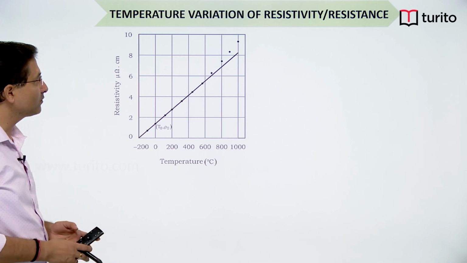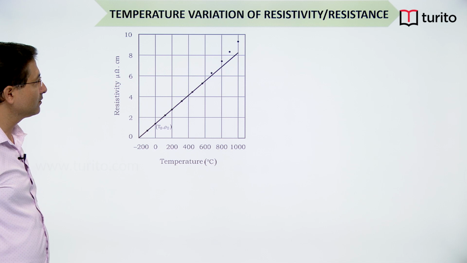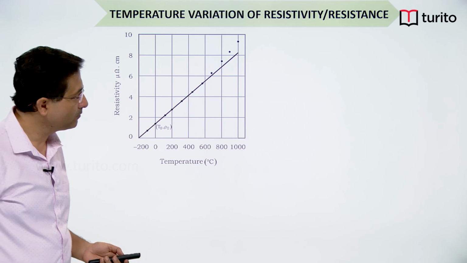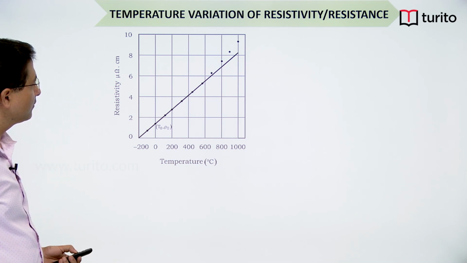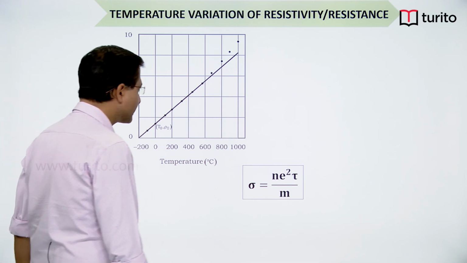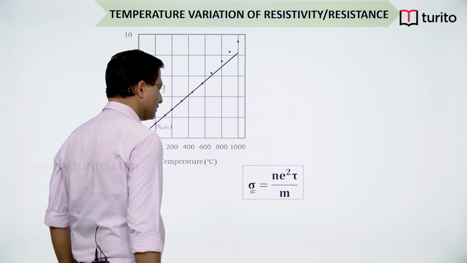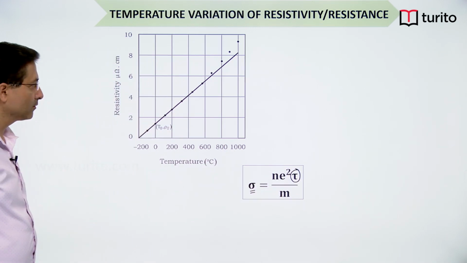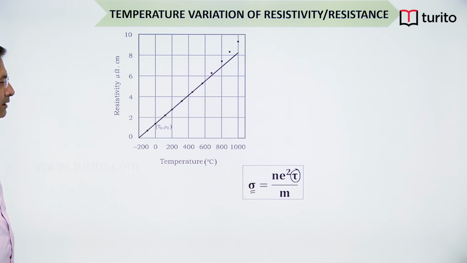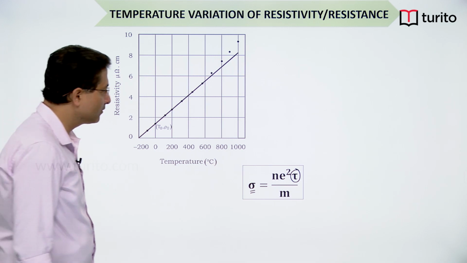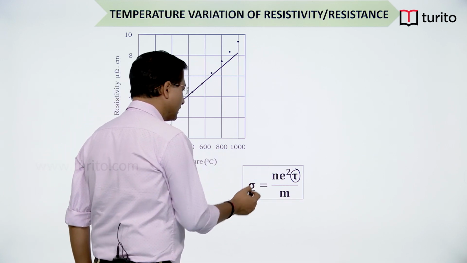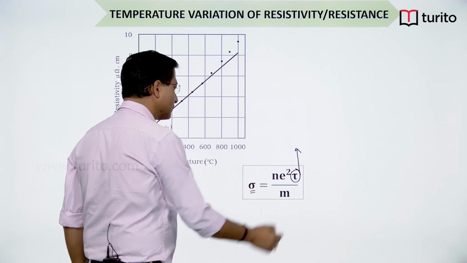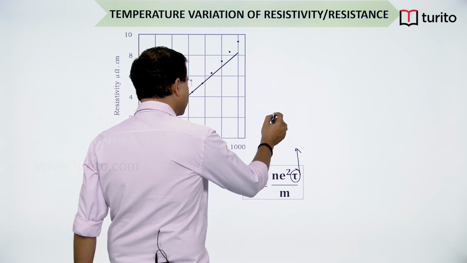Temperature variation of resistivity. We know the relation between conductivity and relaxation time, and if I increase the temperature then the relaxation time decreases.